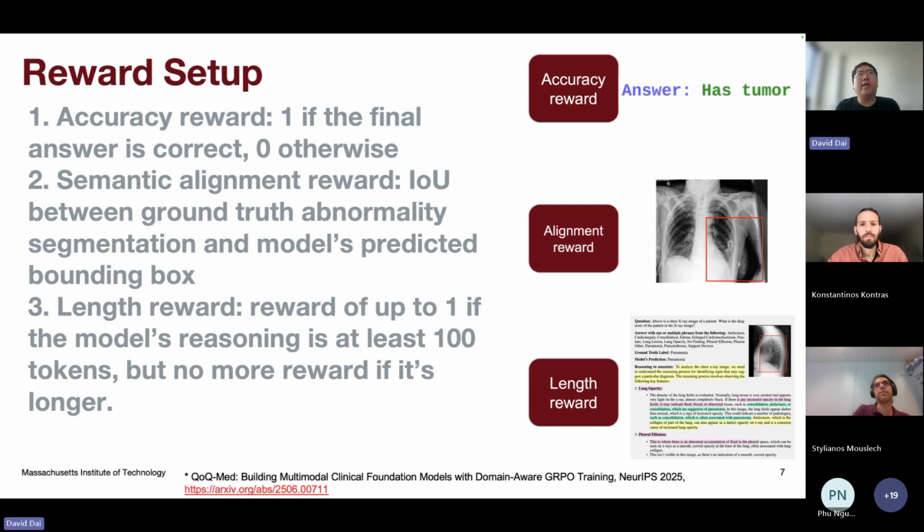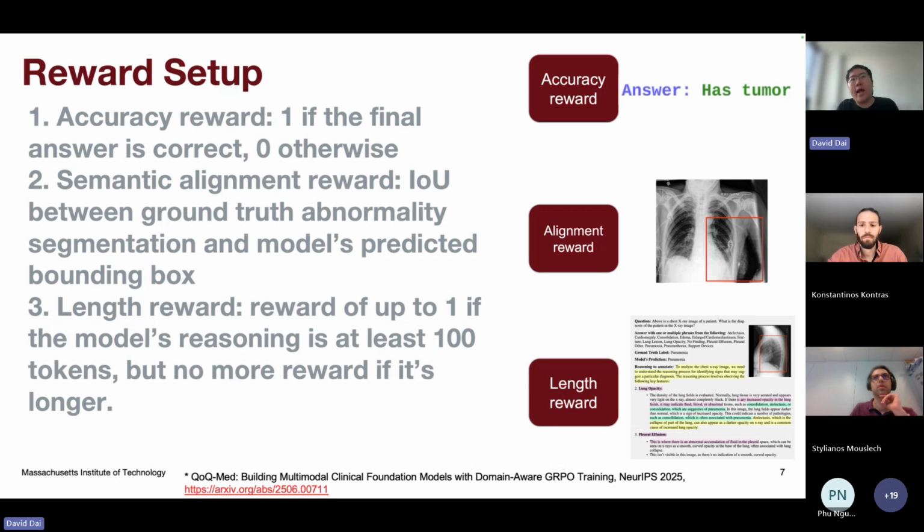Yeah, I guess the question is on whether this focuses mainly on the image and not other modalities like videos or time series. Is that right? Yes. I think the semantic alignment reward is mainly for the vision, so we don't have that for time series. But for videos, we can assign ground truth bounding boxes for each frame, and also for 3D images.